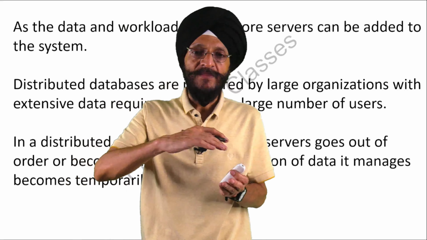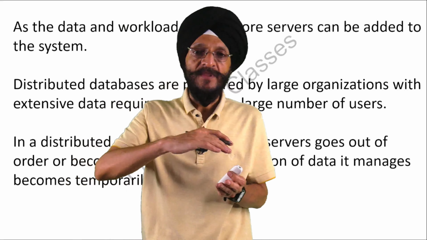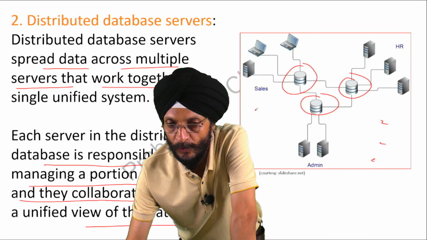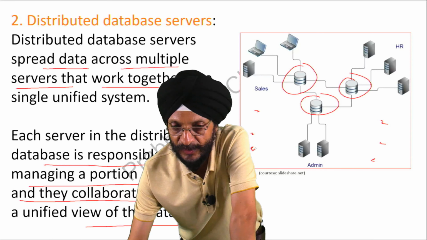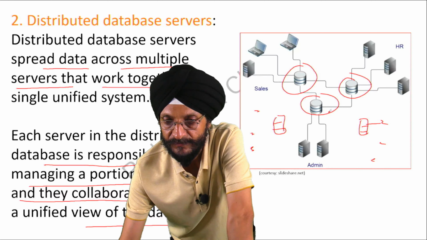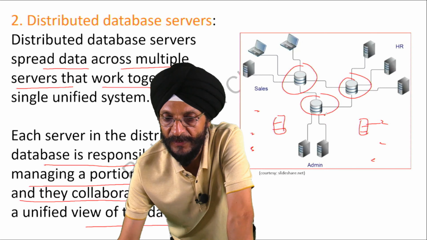As the data and the workload grows, more servers can be added. For example, if the number of users are increasing, so say here the users have increased or the data has increased, we can add more servers here, and all will be interconnected with each other.